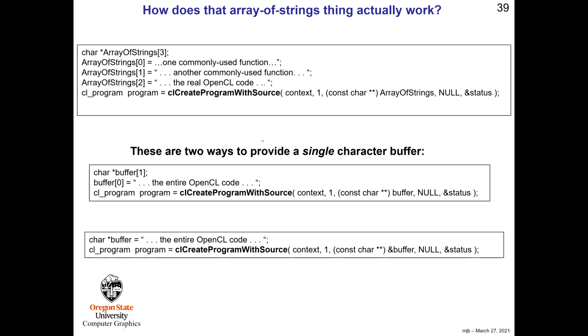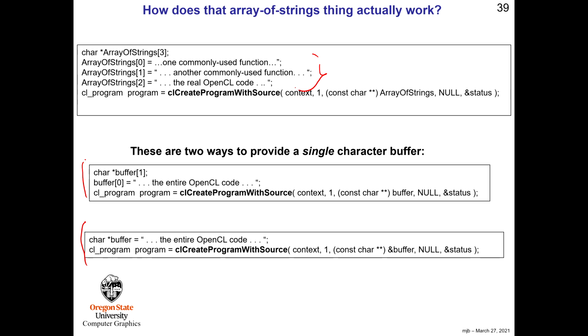You do this with an array of strings, and you can put all the text into one string, and that's fine. And there's two ways to make that look correct. But they do it like shader compilation, they do it with an array of strings. And the reason they do that is supposing you've got some commonly used functions that you use in all your OpenCL code, you can bring those into a separate string.